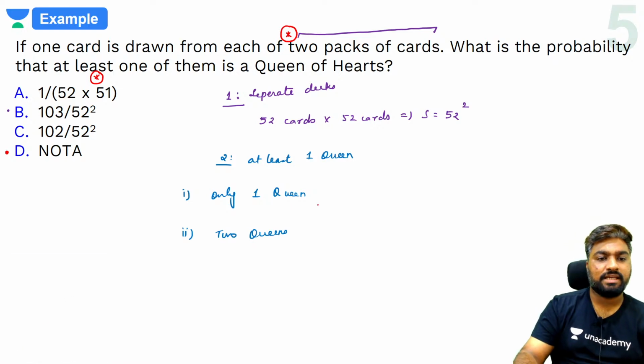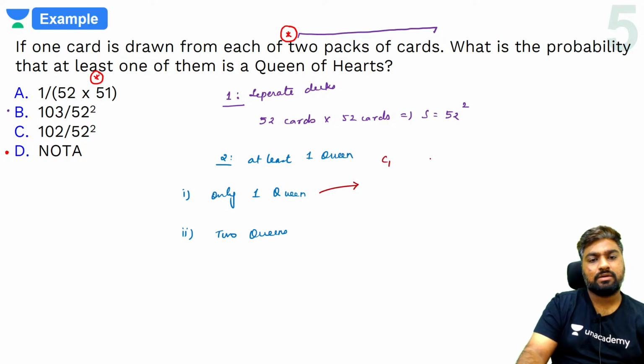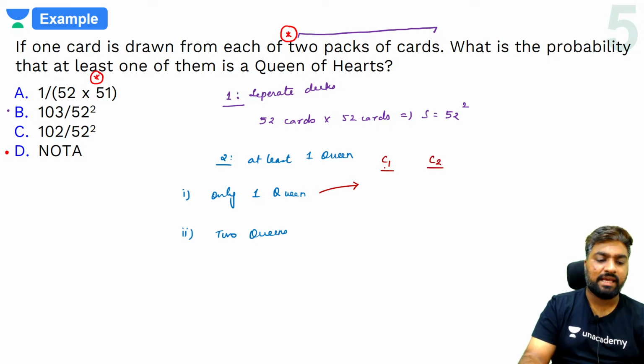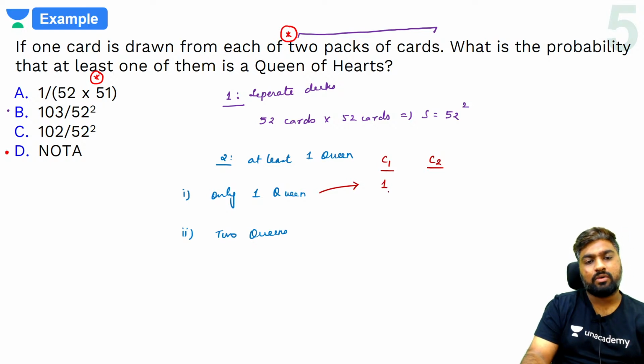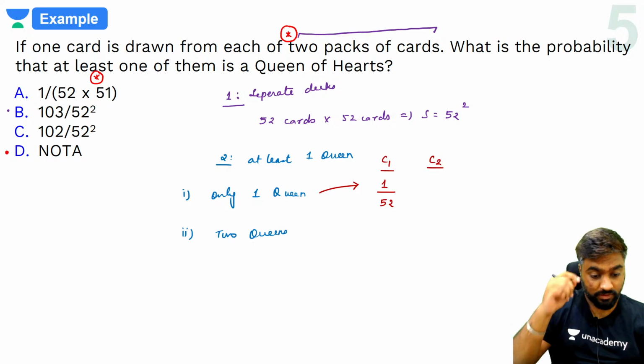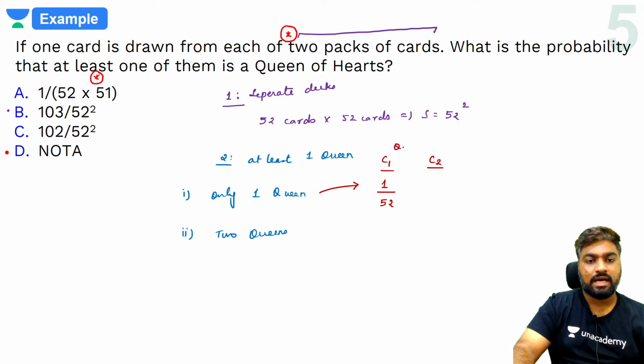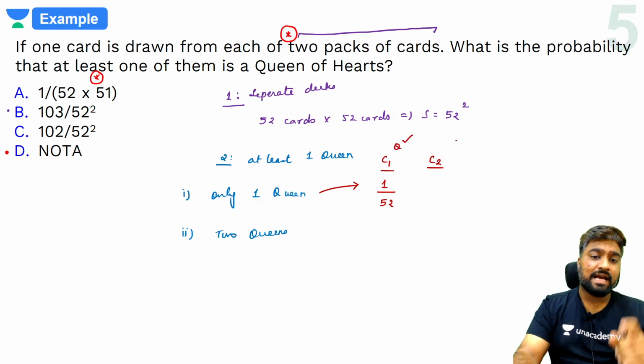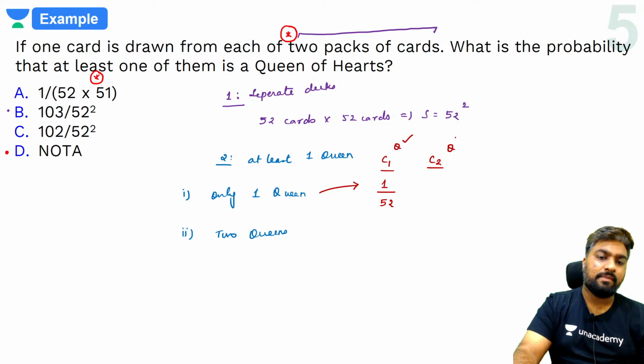Let's look at the first case. What will happen? Only one queen means what? Either the first card is queen or the second card is queen. Okay, so first let's go for first card being queen. If the first card is queen, then what happens? There's only one queen out of 52 cards. If the first card is queen, then can the second card be queen?